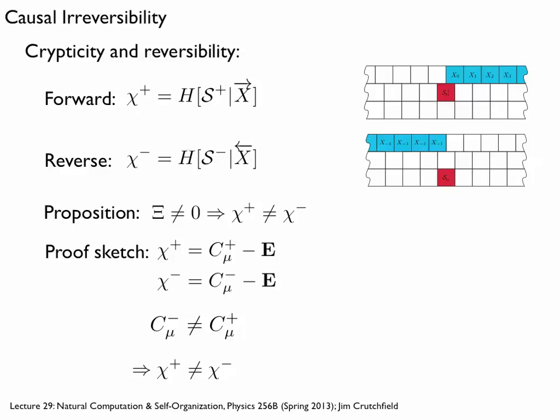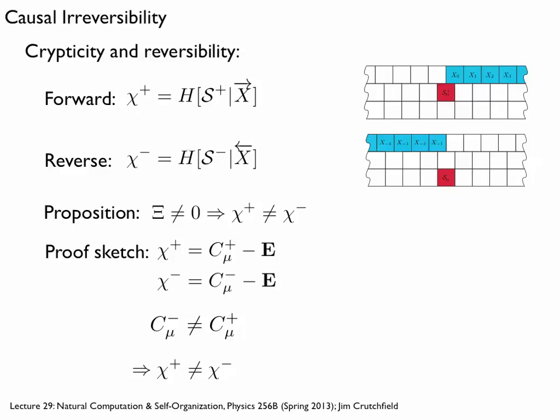Again, our forward crypticity is the uncertainty in the current state given the future. Reverse is the uncertainty in the past causal state given the past. So if we have a causally irreversible process, that means that these crypticities are different.